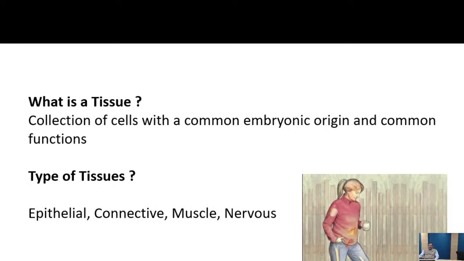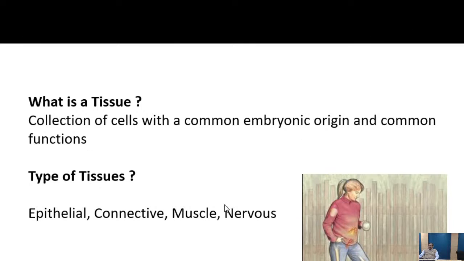So they arise from a common source, and they have common functions. Like the epithelium, which covers the surface of the body, protecting us from injury or dehydration. So tissue again is a collection of cells which have common functions, and they are derived from a common embryonic origin.